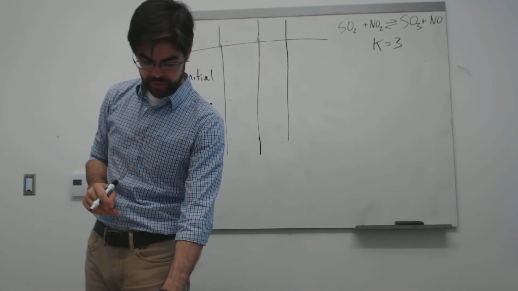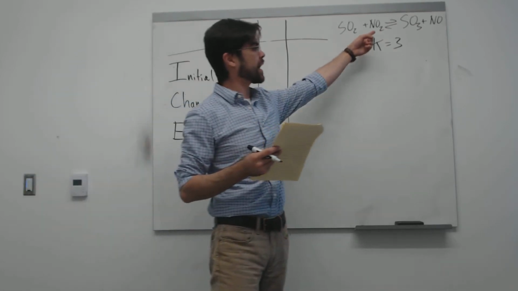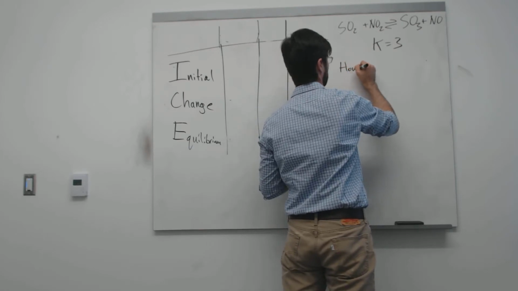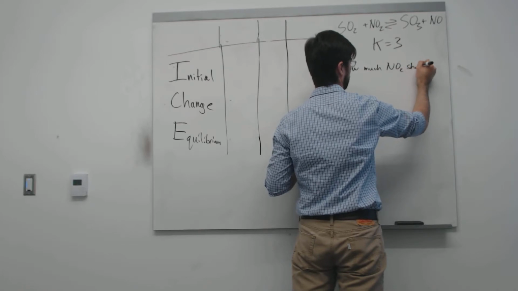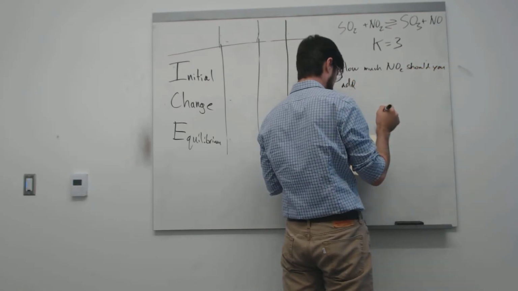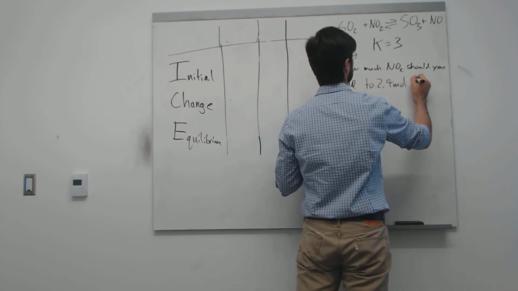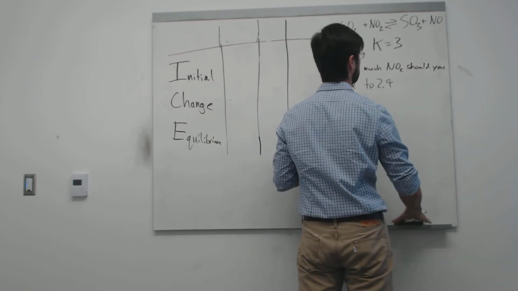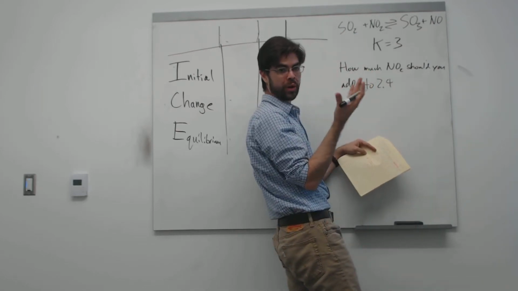So this question is different in that the question is, how much nitrogen dioxide do you need to add to 2.4 moles of sulfur dioxide, if you'd like to form 1.2 moles of SO3 at equilibrium? I'll say moles, and we'll assume these are all in a 1 liter container.